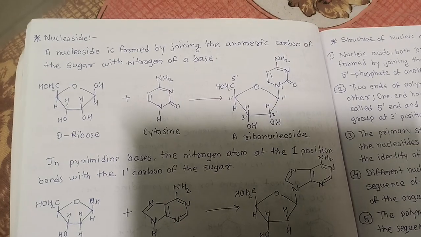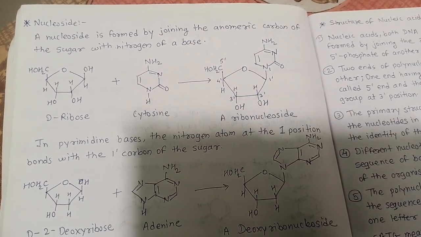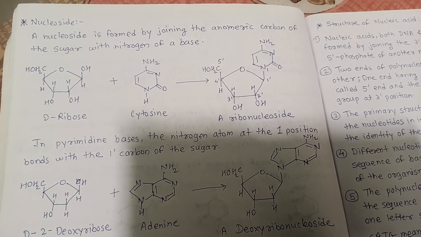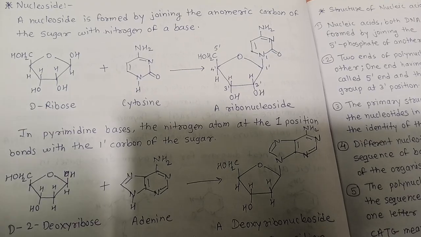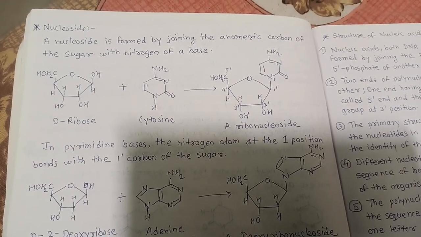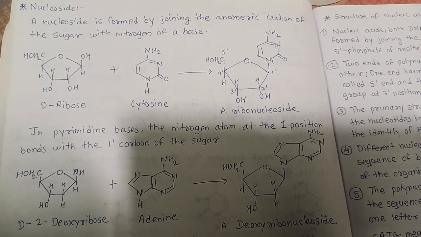Next is nucleoside. So nucleoside contains only two things, base and sugar. And nucleotide, we already discussed, it contains phosphoric acid also. A nucleoside is formed by joining the anomeric carbon of the sugar with nitrogen of base.